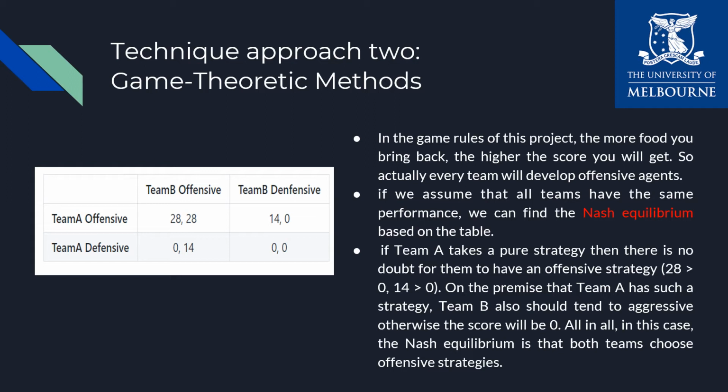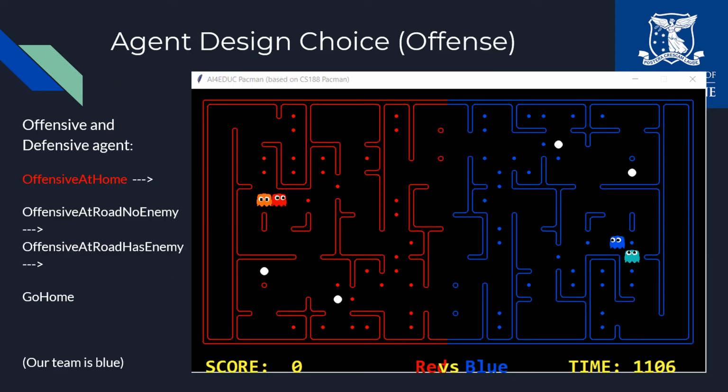All in all, in this case, the Nash equilibrium is that both teams choose offensive strategy. Therefore, we choose the mode of double attack at the beginning of the game.